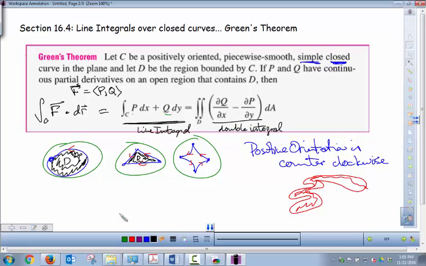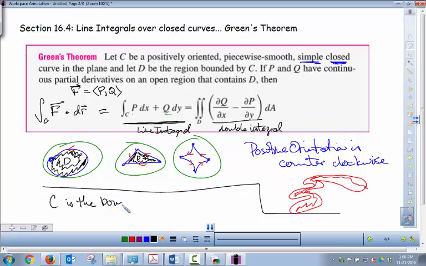Another important aspect to note here is that C is a curve and it's the boundary of the region, the two-dimensional region D. And then inside of this is the partial of Q with respect to x minus the partial of P with respect to y.